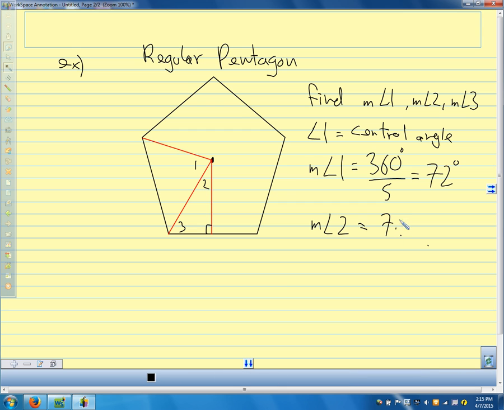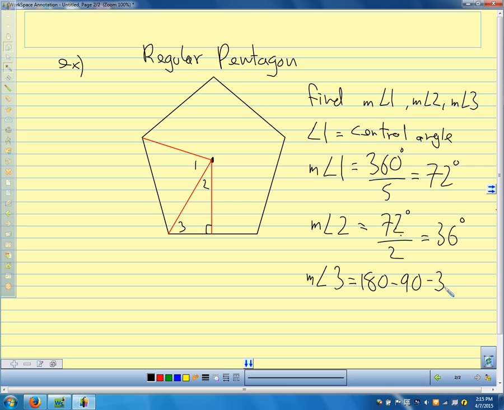So that's going to be 72 divided by 2, which is 36 degrees. And now we can find angle 3, right? What do all the angles in our triangle have to add up to? 180. So the measure of angle 3 is 180 minus 90 minus 36. And that comes out to be 54 degrees.